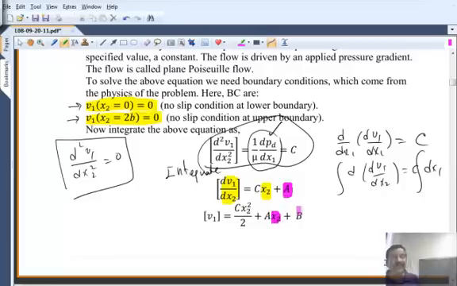Okay? And then another integration constant. Because it's a second order equation, you will have two integration constants, and those are a and b. We need to find them out by imposing the boundary condition. Any questions on that? You're comfortable with integrating these ODEs, right? Okay.